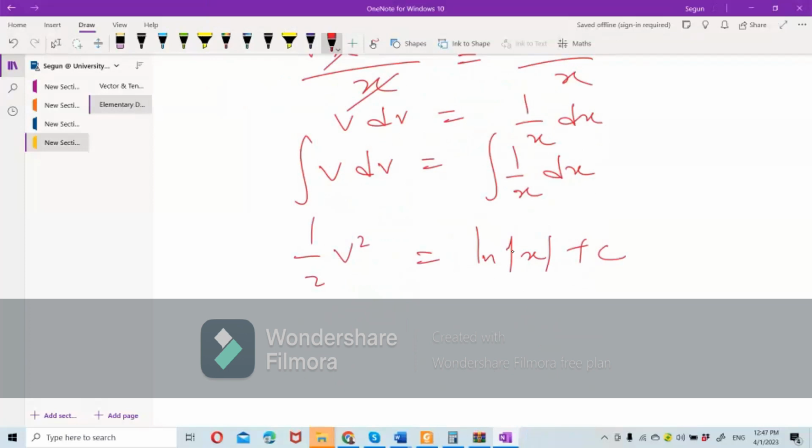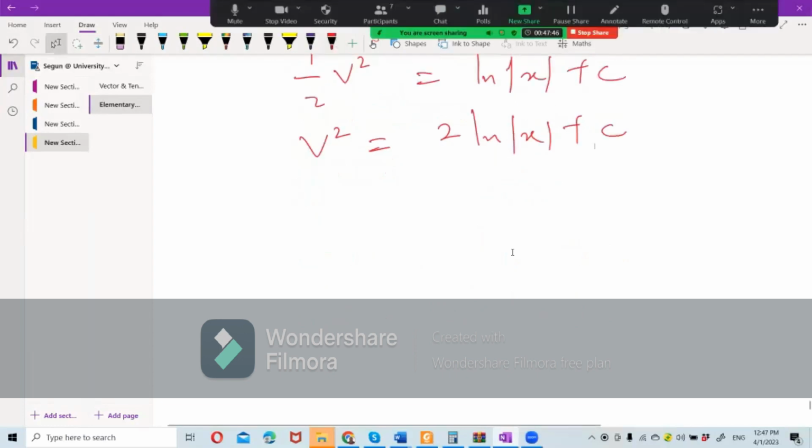With this 1 over 2, I can multiply through by 2, so it will give me v squared equals 2 ln absolute value of x plus c. Then I can find my v, because I'm actually looking for that.